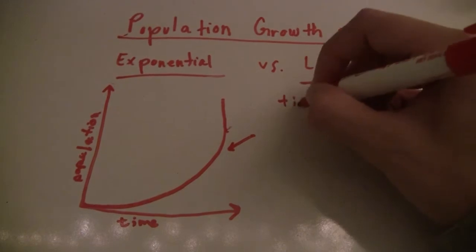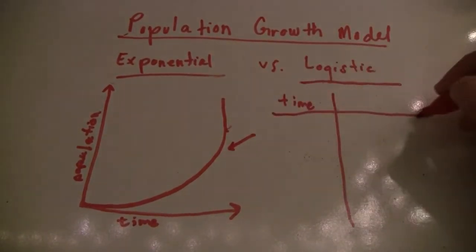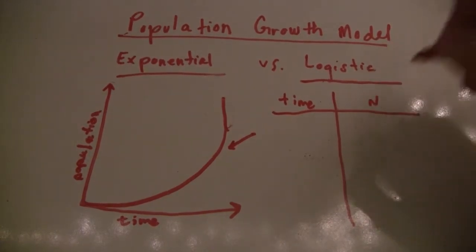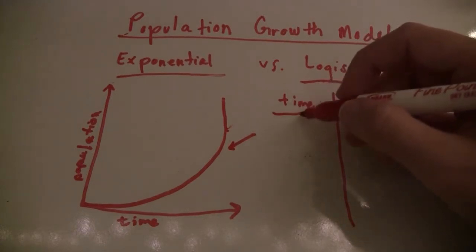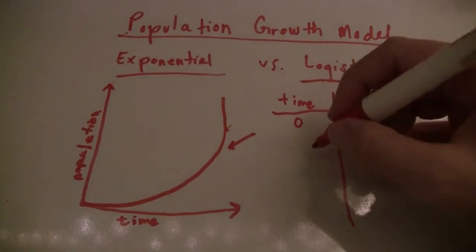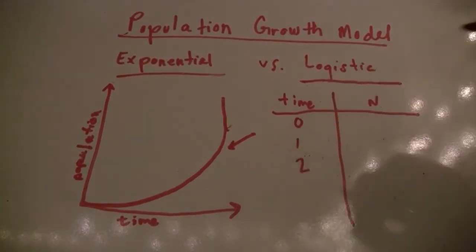We'll use time as one of our variables, which is x, and N, which is the population size. Time, as mentioned before, can be measured in generations. So we'll look at generation 0, the starting generation, and then 1 and 2.